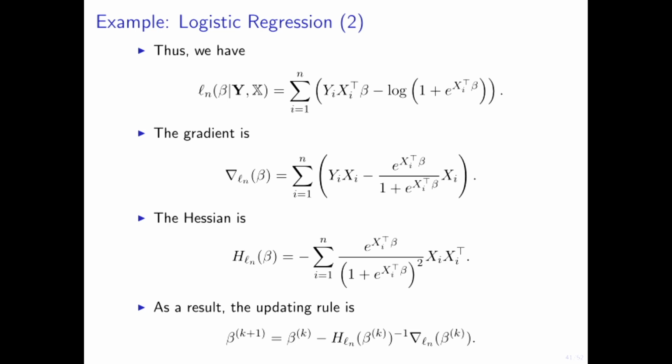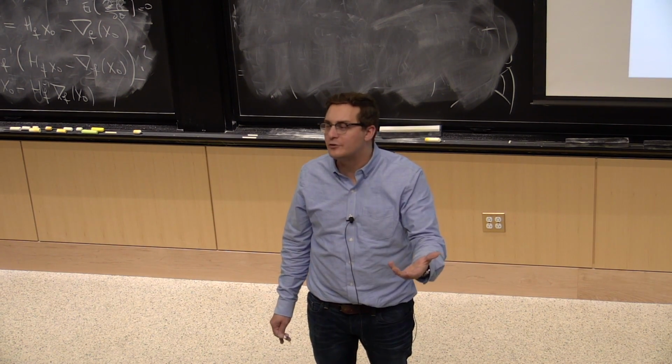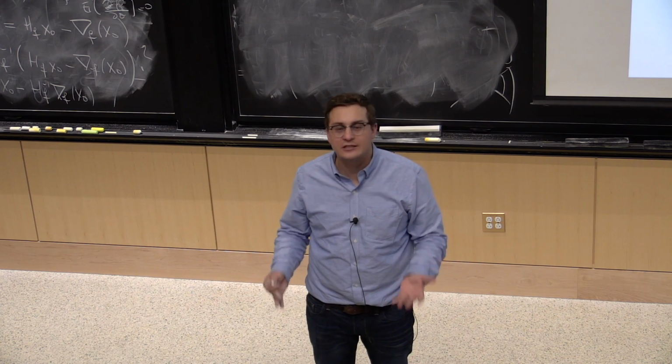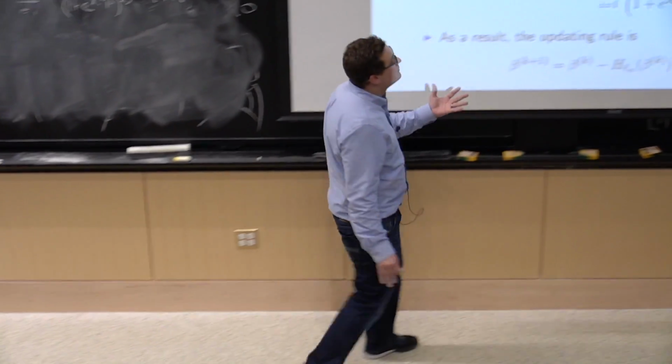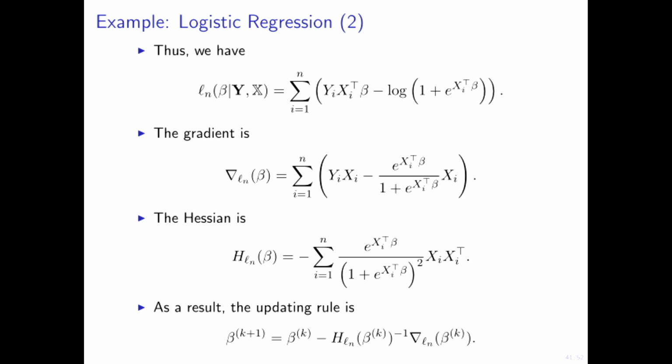What is the expectation of this thing? And when I say expectation, here I'm always talking about conditional expectation of y given x. The only distributions that have mattered in this entire chapter are conditional distributions of y given x.